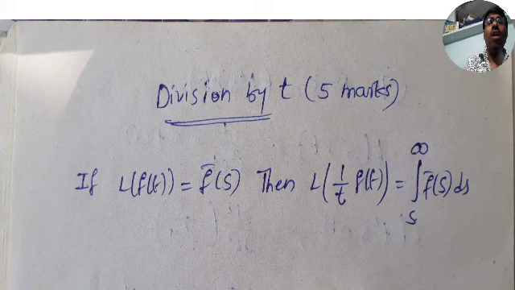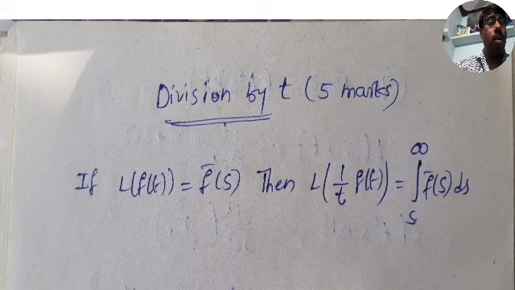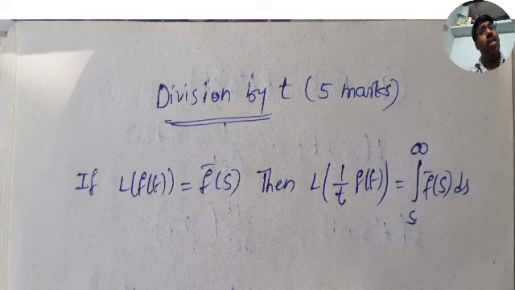So let us go to the problems on division by t. Remember one more time, L of f of t is equal to f bar of s, then L of f of t by t is integration s to infinity f bar of s into ds. How to identify? If it is a function by t, it is division by t. If the denominator has t, then it comes under division by t.